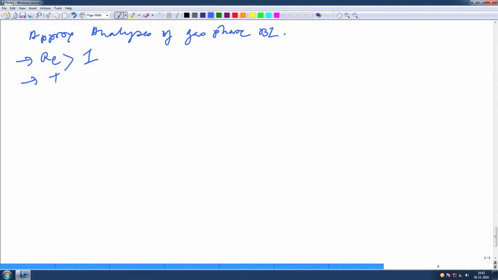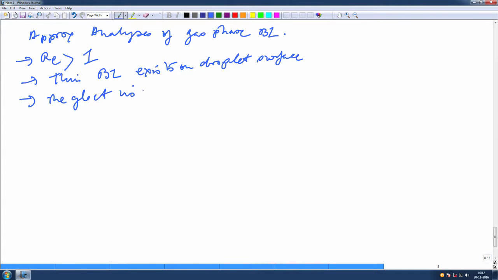which is obvious, because that is when convection becomes an important part of the whole thing. And we are assuming that a thin boundary layer exists on the droplet surface. This is already established, but we are putting it as an assumption. We are going to neglect viscous dissipation, and we are going to assume Prandtl number equal to Schmidt number equal to 1.